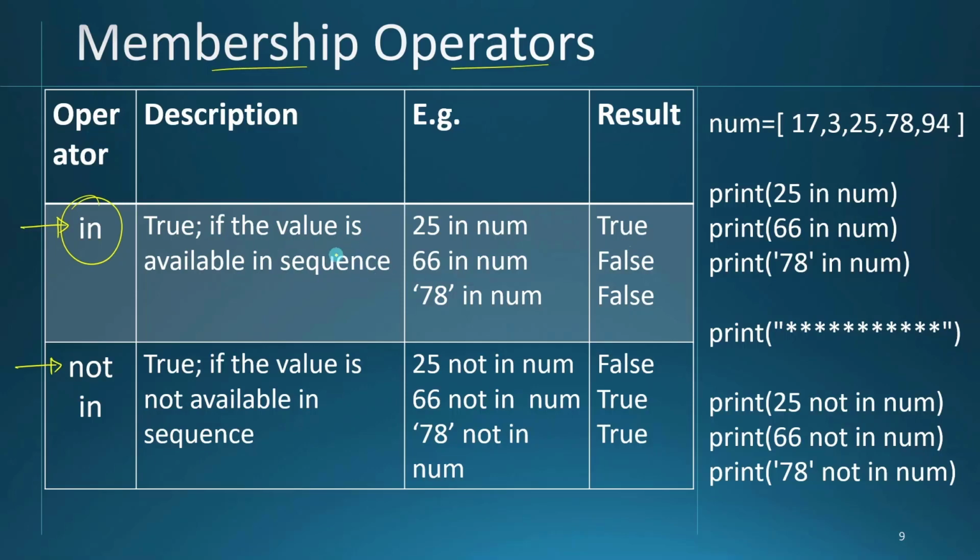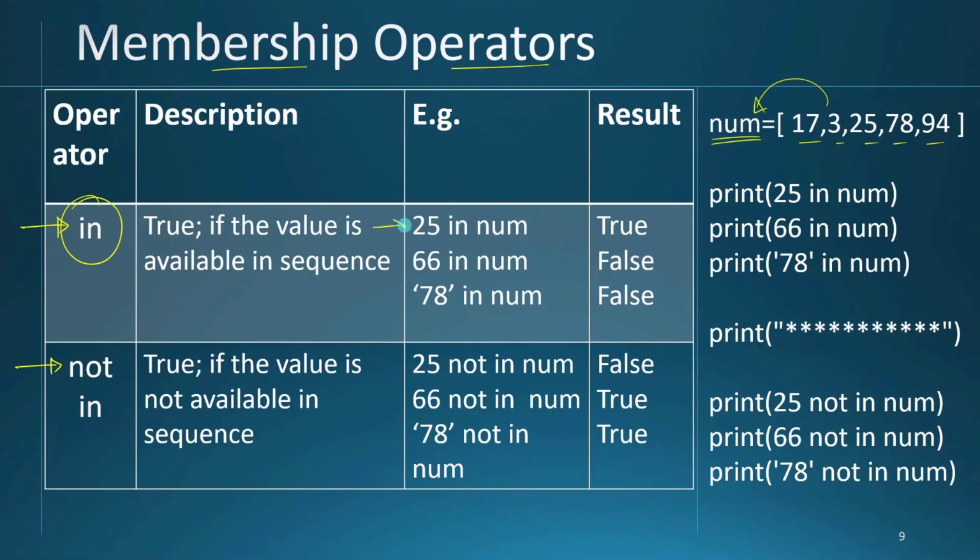Now we have studied three different sequences in the previous videos, right? We have studied string, tuple, and list. So in any one of them you can use these operators, in and not in. Here you can see we have a sample list with the values 1 2 3 4 5 and the name of the list is num.